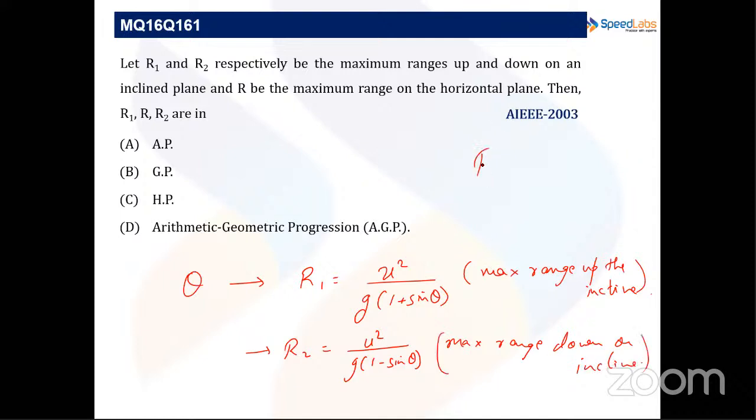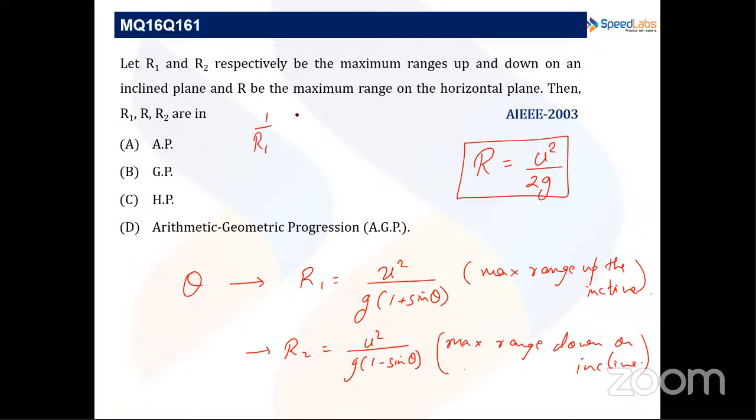And we already know the horizontal range is u square upon 2g. So from these two, we can figure out that in 1 plus sine theta and 1 minus sine theta, the sine theta terms get cancelled out, and then we will get this form. But how are we getting it?